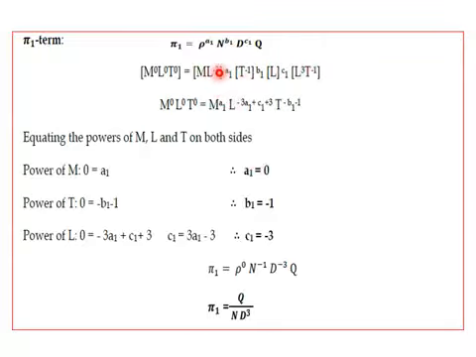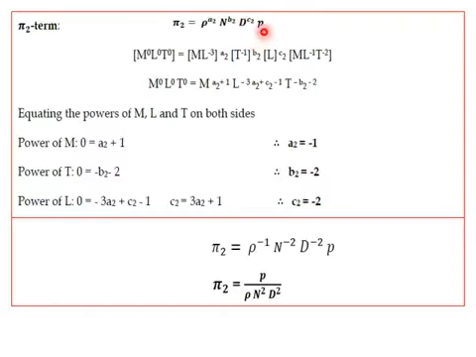L to the minus 3a1 plus c1 plus 3. Similarly for T, minus b1 minus 1. So equating the powers, a1 will be 0. Equating the powers for T, minus b1 minus 1 is equal to 0, so b1 is minus 1. Equating the powers for L, minus 3a1 plus c1 plus 3 should be equal to 0, so c1 is minus 3. So we get pi 1 as q by nd cube.